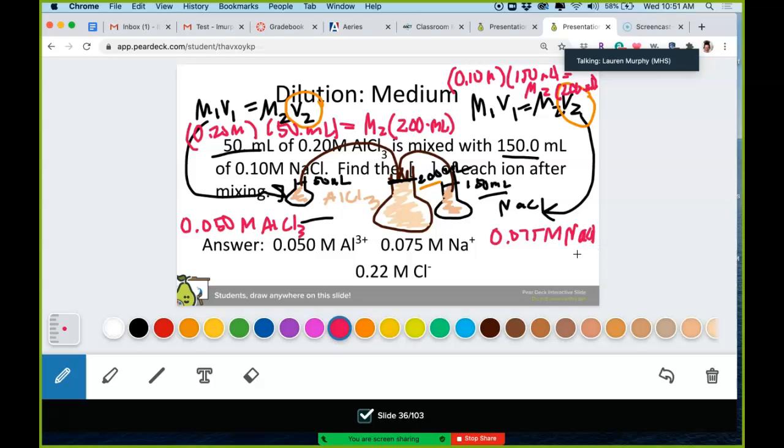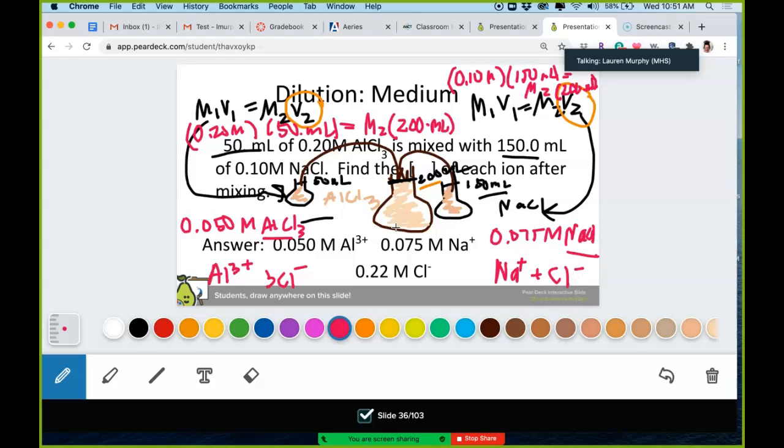Now, the problem is that it's not really these guys when they're in solution. When they're in solution, they're floating around as aluminum ion and 3 chloride ions. And this guy's floating around as sodium ion and chloride ion.